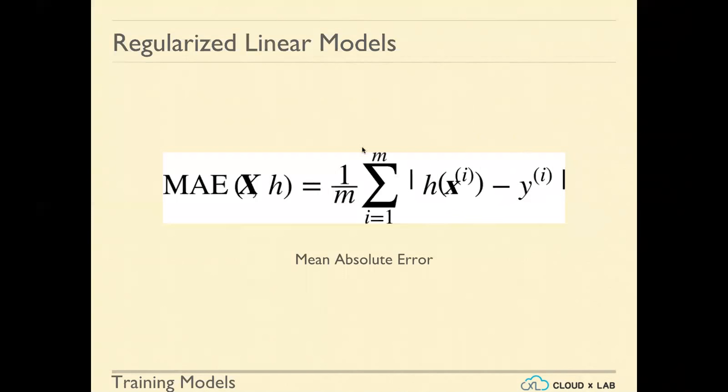We compute these deltas for all of the records, and then we sum up all of those and divide by the total number of records in the training set. So over the whole training set, this is what we do. Or not only the training set, when we are doing validation also, we use the same one. So M here essentially represents the total number of records.